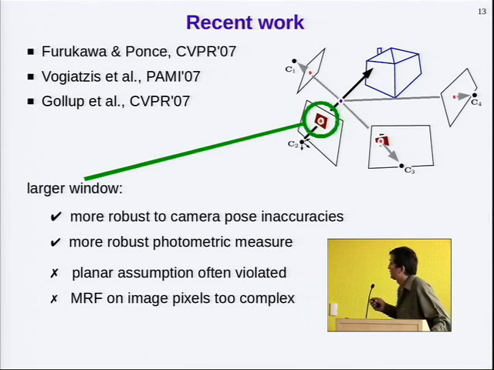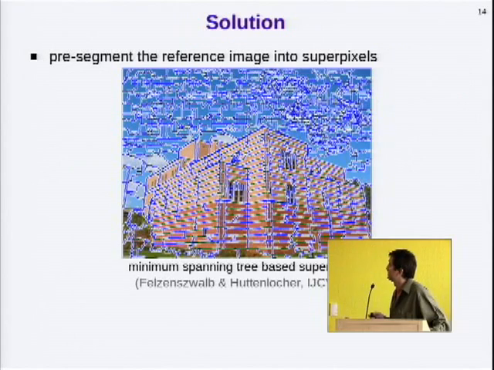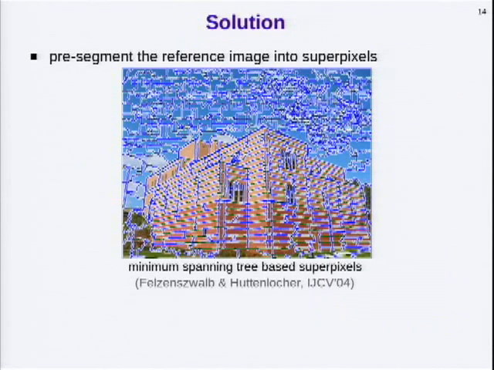So we were thinking how to use all the advantages of having a larger window, but somehow suppress these disadvantages. And we ended up with a solution: let's first pre-segment the image into so-called superpixels and formulate the whole problem on the superpixels.